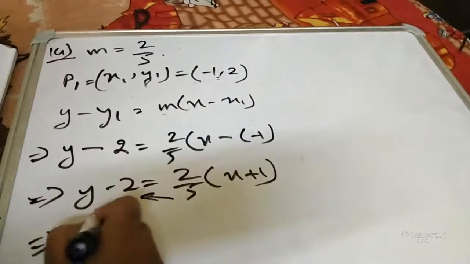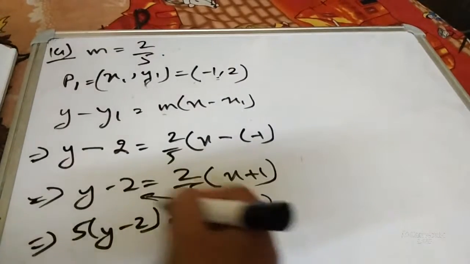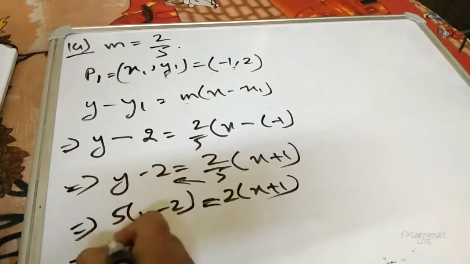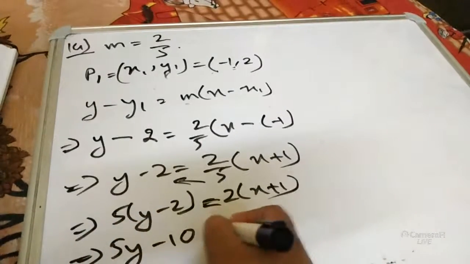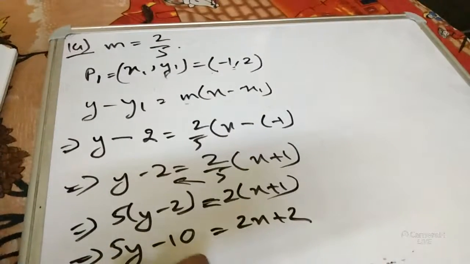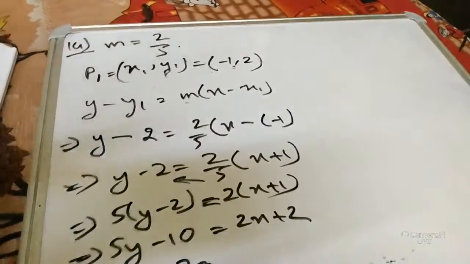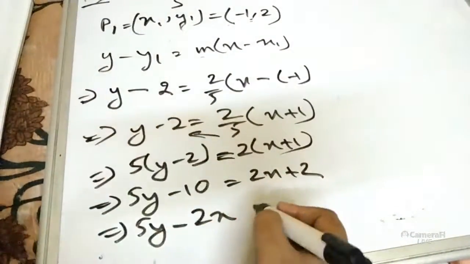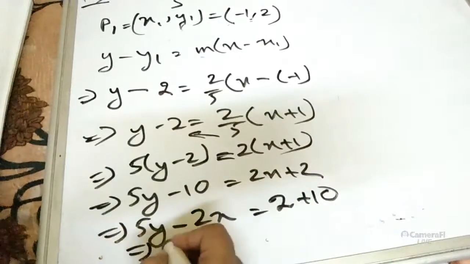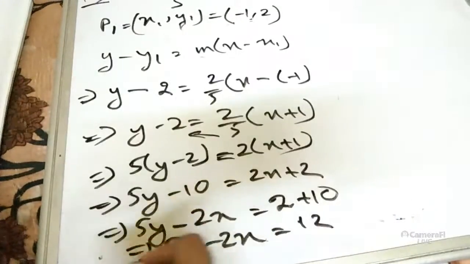If we cross multiply, we get 5 into y minus 2 is equal to 2 into x plus 1. 5y minus 10 is equal to 2x plus 2. We take all the variables on one side, so 5y minus 2x is equal to 2 plus 10. 5y minus 2x is equal to 12.